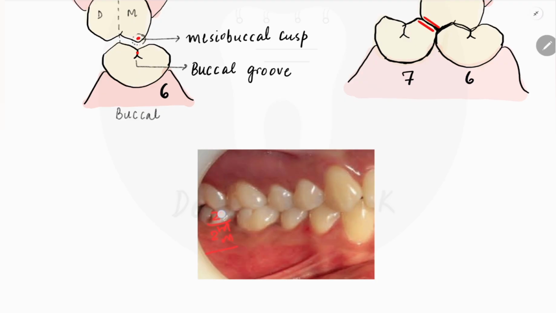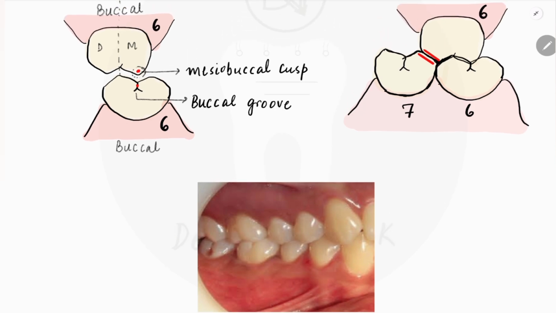Here you can see this is your second molar, number 7, and this is your upper first molar, number 6. So its distal marginal ridge will lap with the mesial marginal ridge of the lower second molar. So in both of these images, you can see how Andrews' keys to normal occlusion come into play in this ideal occlusion.